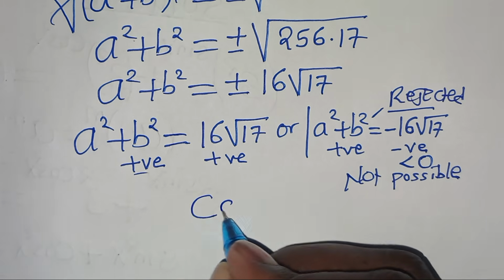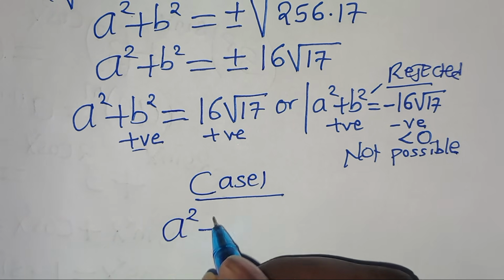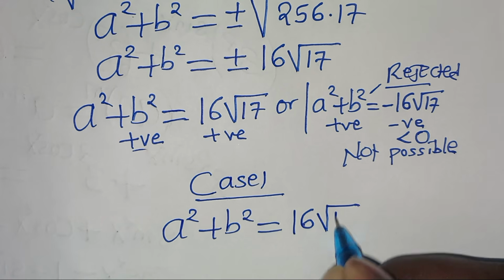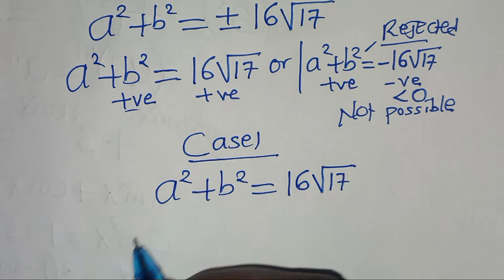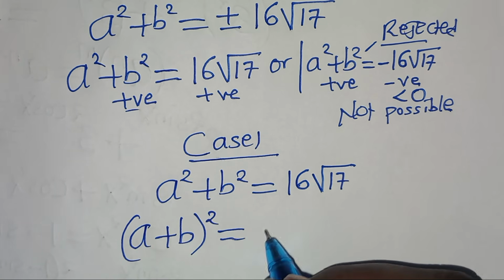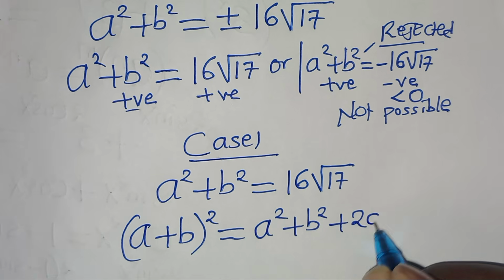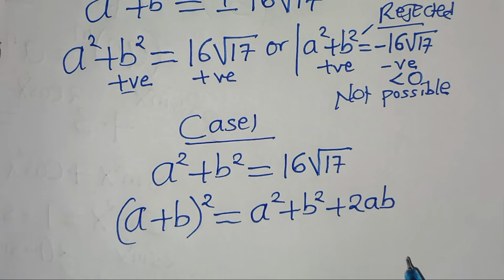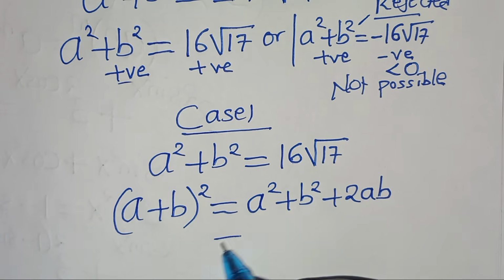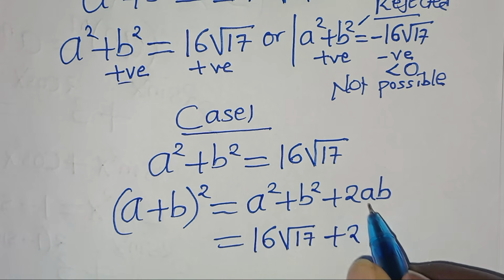So let's focus on case 1, where a squared plus b squared is equal to 16 square root of 17. Now, we know that a plus b raised to the power of 2 is the same thing as a squared plus b squared plus 2 times a times b. Substituting, we have 16 square root of 17 plus 2 times a times b.